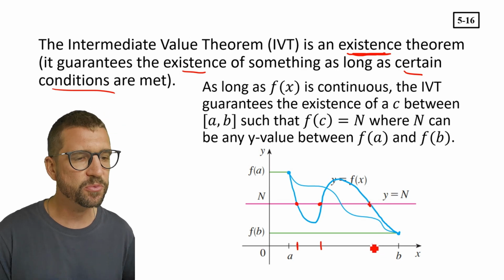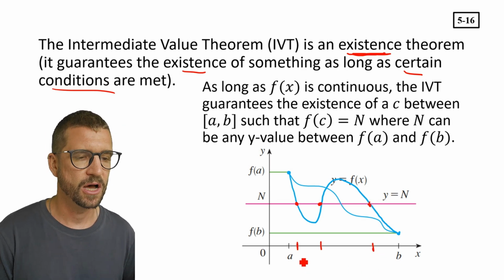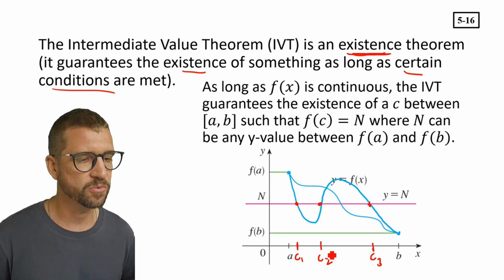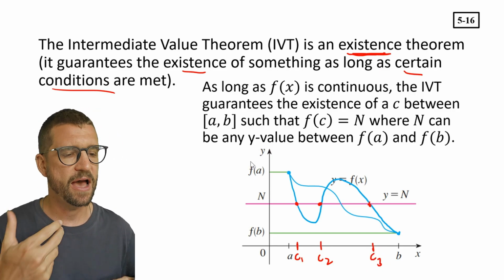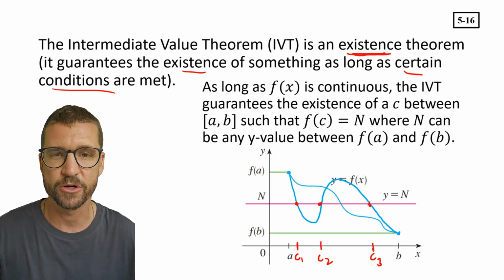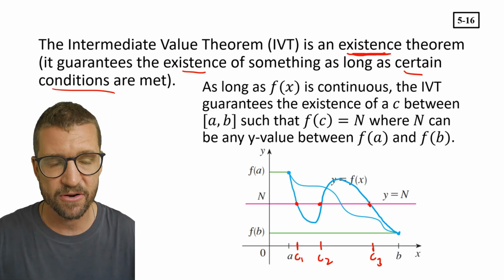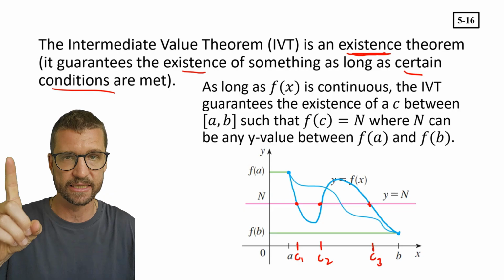We actually have three values. We'll call them c1, c2, and c3. So f of c1, f of c2, f of c3 all equal n. So you can have more than one. The IVT just guarantees us the existence of at least one.